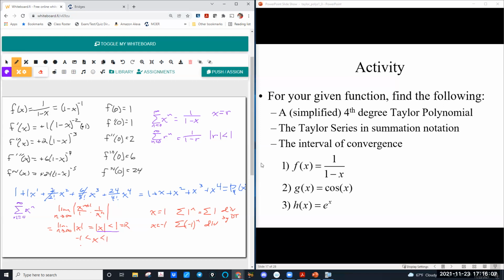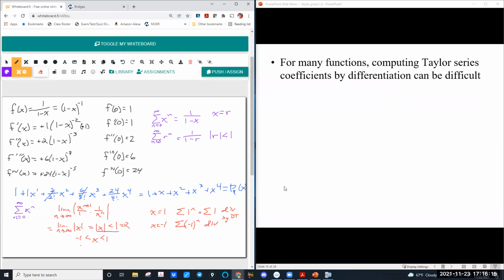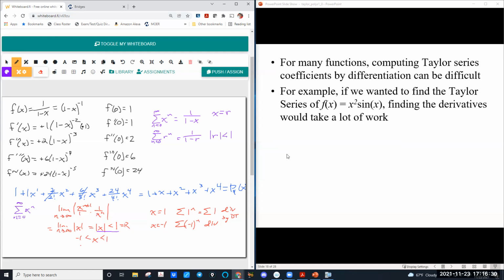Okay, we need that foundation to go and do some of the other stuff we're going to do. Now, let's talk about using a known Taylor series to find a more complicated Taylor series. As you just saw, to find the Taylor series, we had to take a bunch of derivatives. This one wasn't that bad. It did involve chain rule, but really not a bad chain rule.